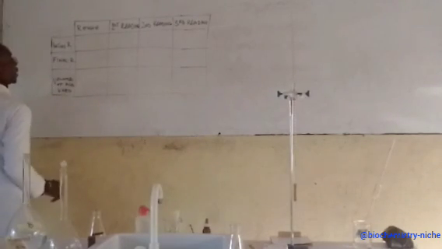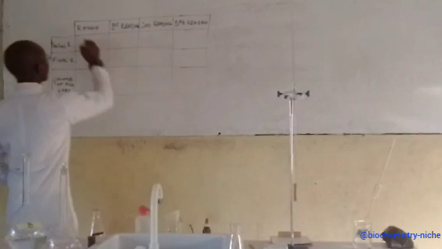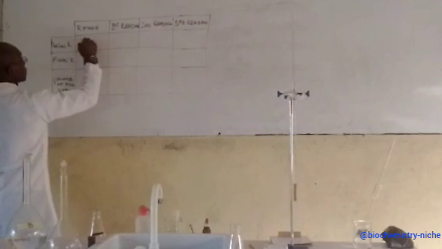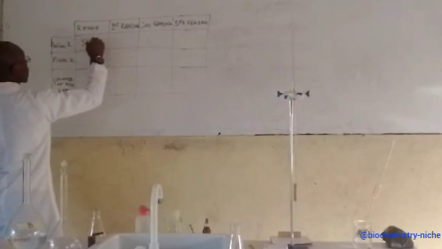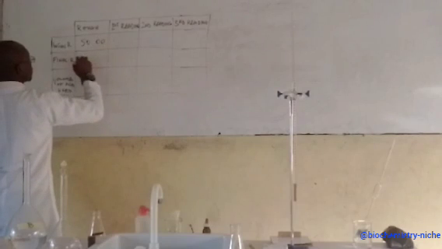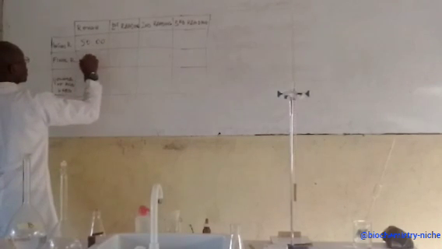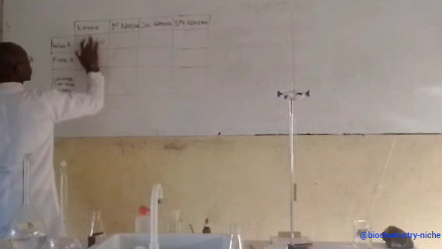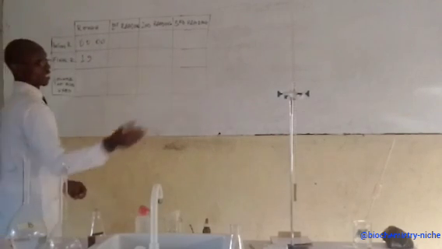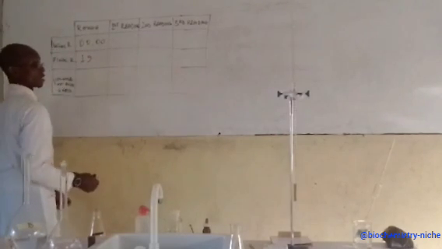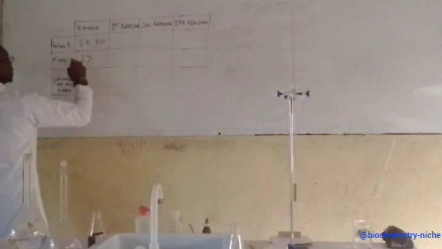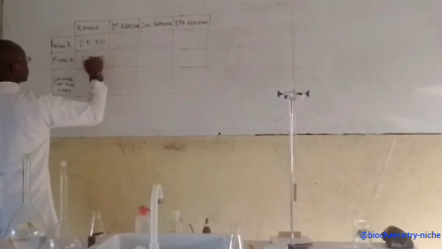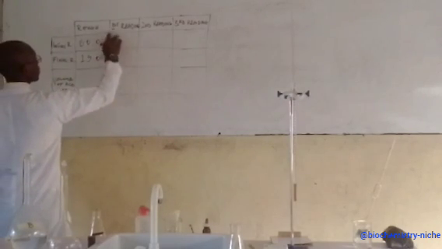Alright, so let us start. The first one I started from 50.0. So I have my final to be 19 points. Sorry, I'm using a direct 50 centimeter cube burette. That is why I said that. So I have my final reading to be this, and then let us go to the second one.